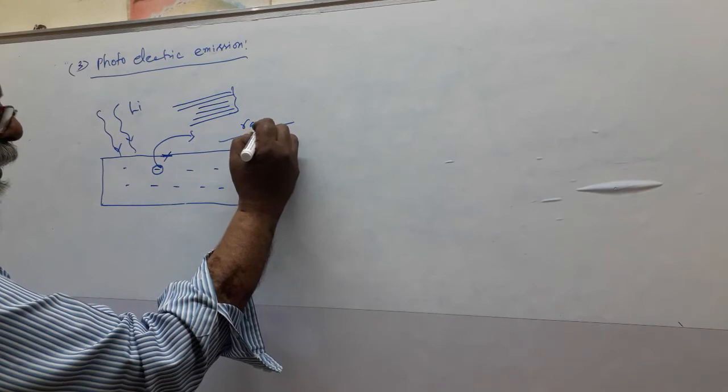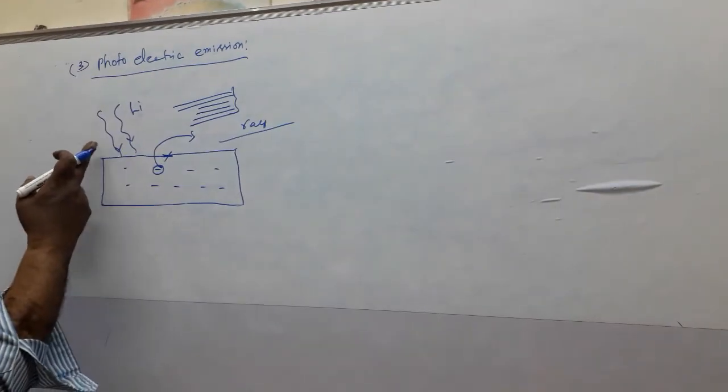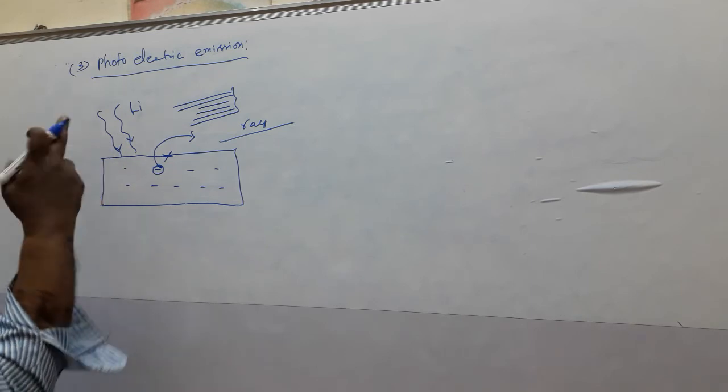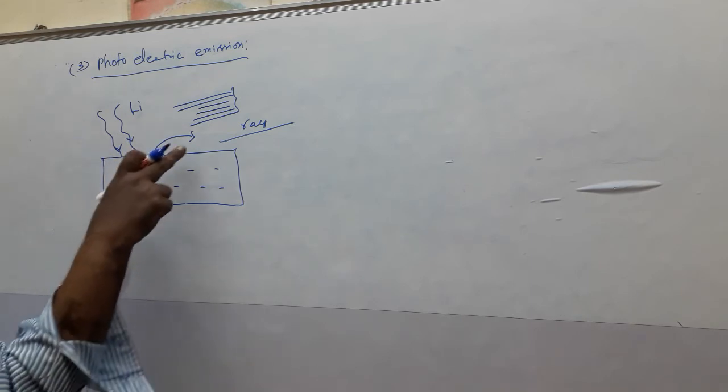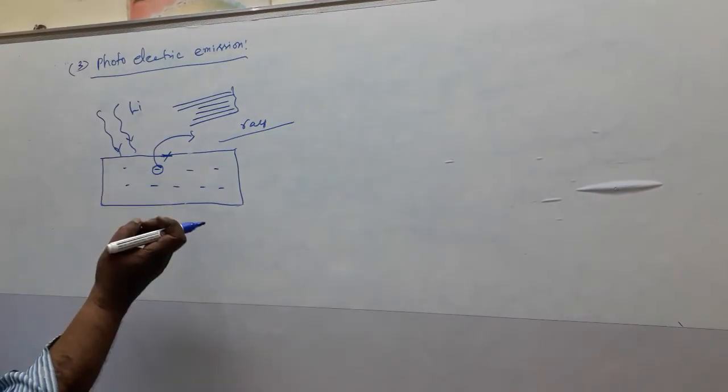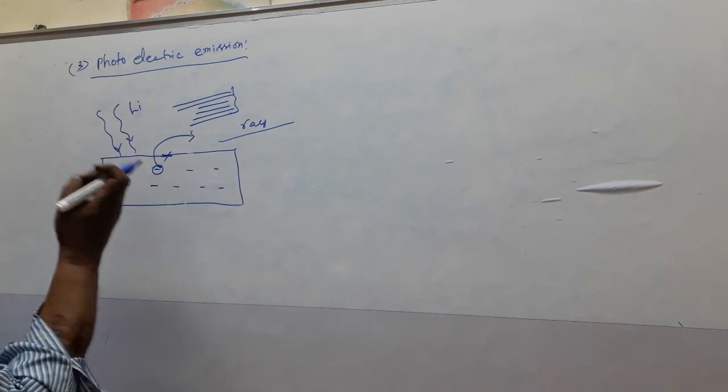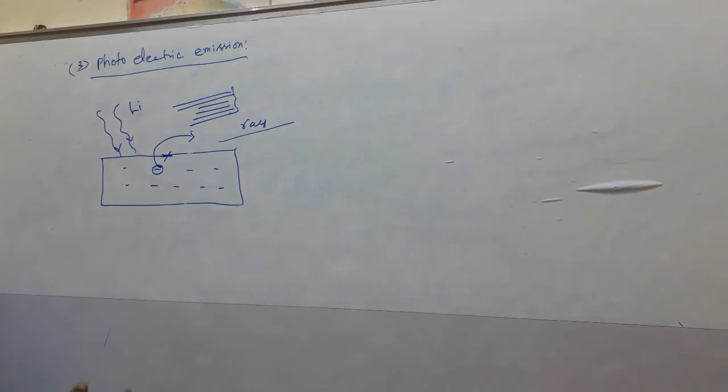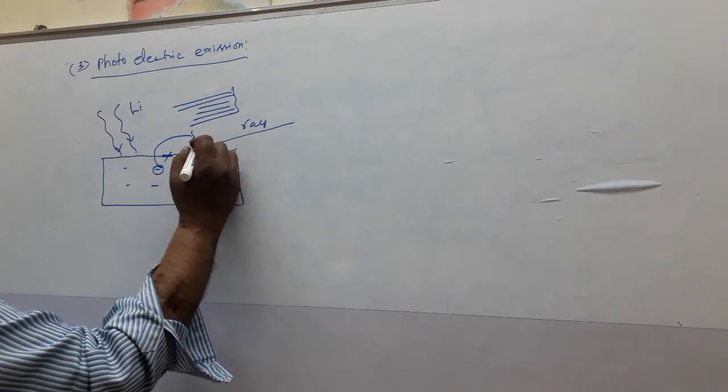It is a beam of rays. Likewise, when electromagnetic radiation with suitable frequency hits the surface of the metal, the electron gains energy from this radiation and breaks the surface barrier. This emission of electrons is called emission of electrons due to the photoelectric effect.